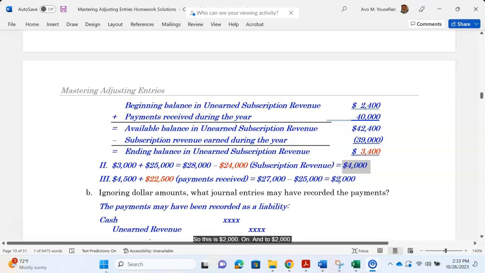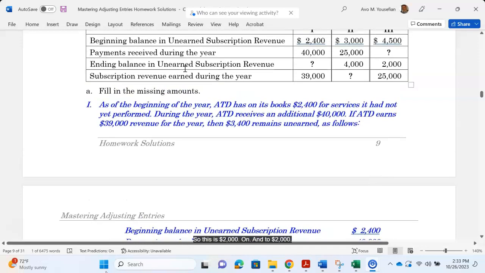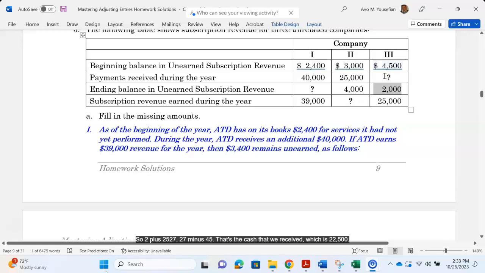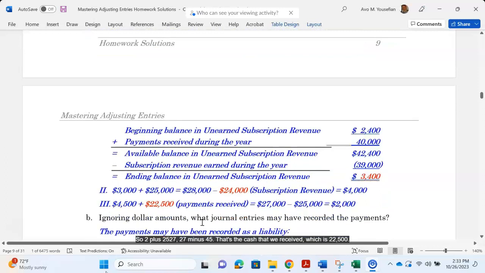So this is $2,000 unearned. And here is the $2,000 unearned. So 2 plus 25, 27, 27 minus 45. That's the cash that we received, which is 22,500. Makes sense?